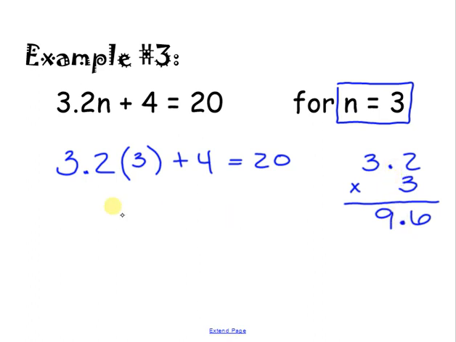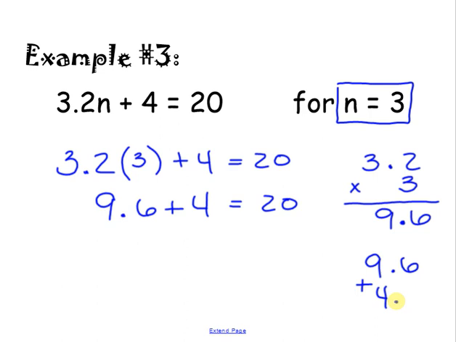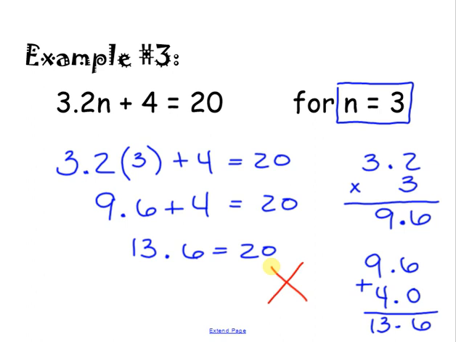So that equals 9.6 plus 4 equals 20. Now I'm going to add these two together: 9.6 plus 4. You'll notice I put the 4 under the 9 because it's a whole number, and I put my zeros as placeholders. So 6 and 13. So this is 13.6 equals 20. Is that true? No. The solution does not work.